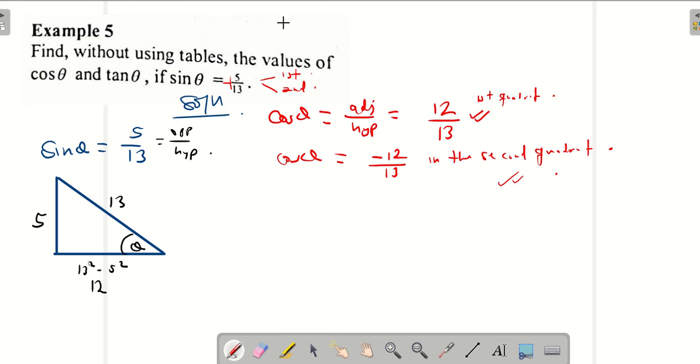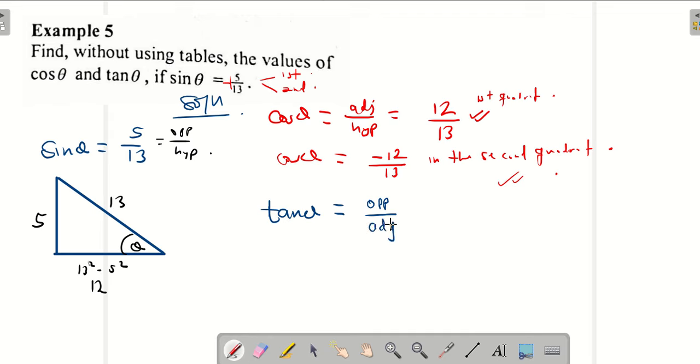So now we want to find tan theta. We were asked to find cos theta and tan theta. So now tan theta. We know that tan theta is opposite over the adjacent.